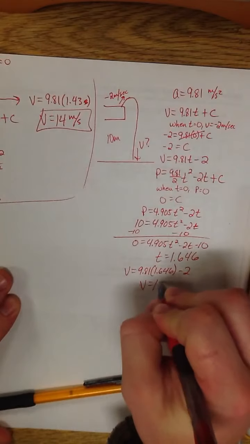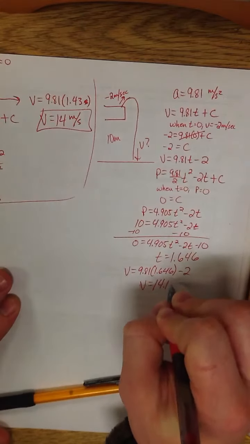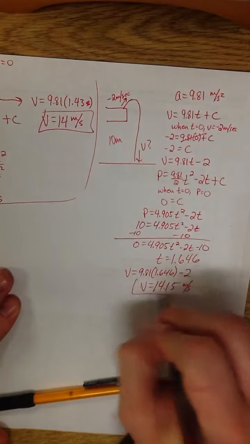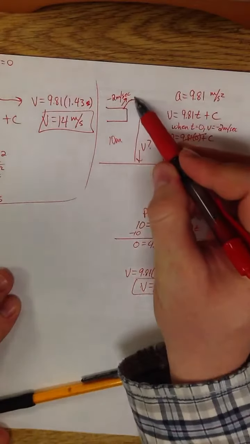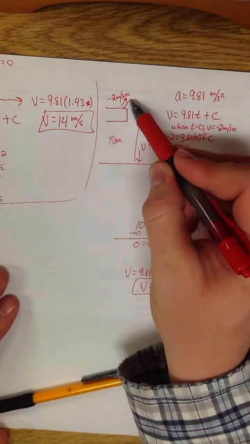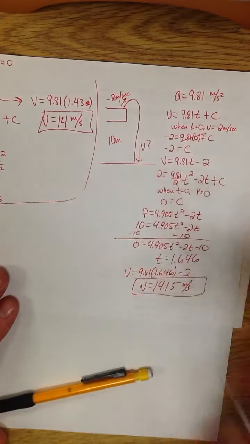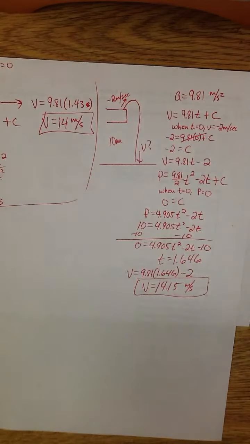You'll get a velocity of 14.147 meters per second. So a little bit faster, well, because you jumped in the air, so when your velocity hit 0 and you started falling again, you were a little higher than 10 meters. We could do some more stuff with that, which we probably will later. But for now, that's good.